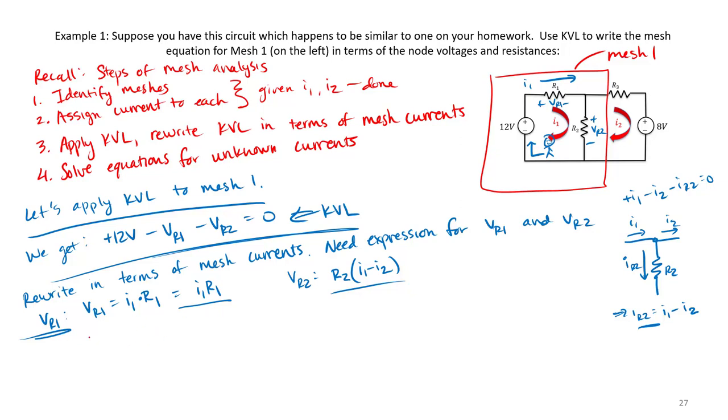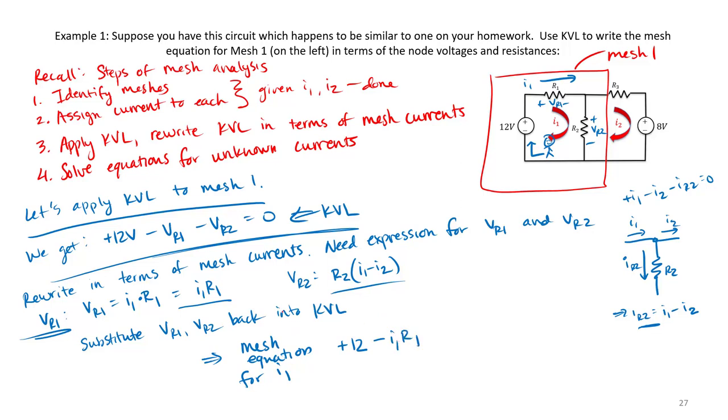So finally, if we substitute these voltages back into Kirchhoff's voltage law, what do we get? We get our mesh equation for I1, which is plus 12 volts, minus VR1, which is minus I1R1, minus VR2, which is R2 times I1 minus I2.